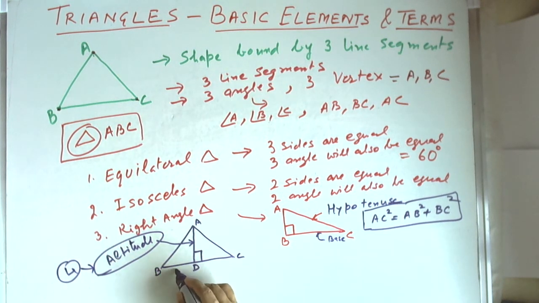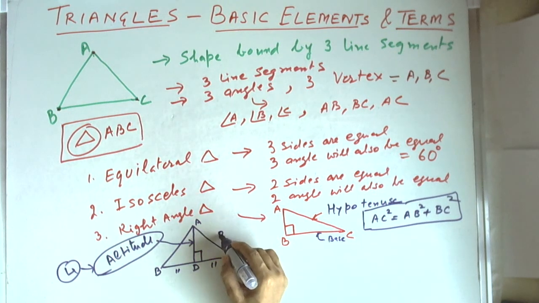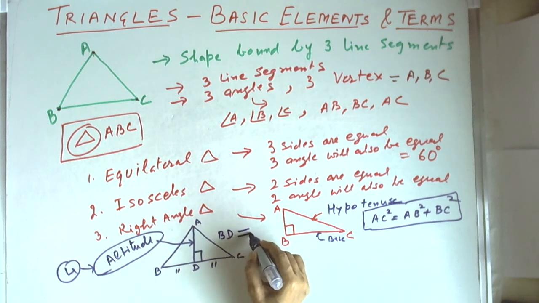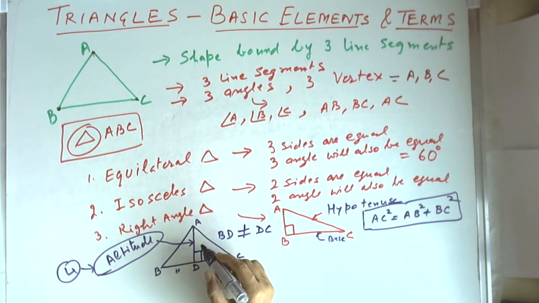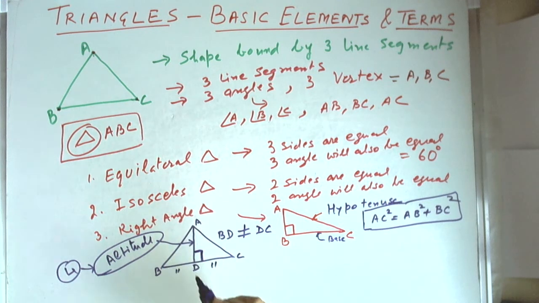And this half may not be equal to this half. BD may or may not be equal to DC. The most important thing is that it should be 90 degrees, but it does not necessarily bisect the base. In some cases it may, but not necessarily.